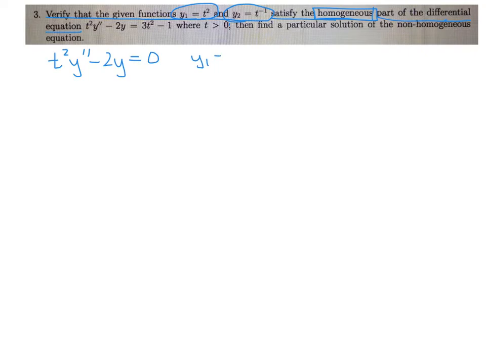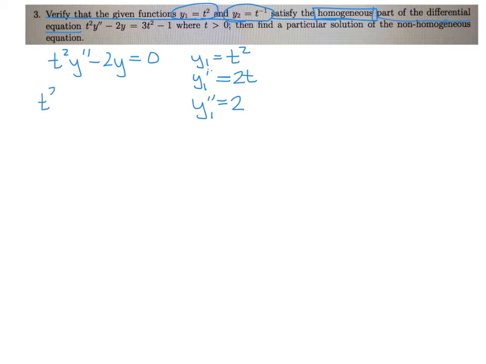So the first one being t squared, and if we're going to plug it in here and show that it works, we have to take a second derivative. So here's a first derivative, which is 2t, and then here's a second derivative, which is 2. And now I'm going to plug in this second derivative for y and see if this works.